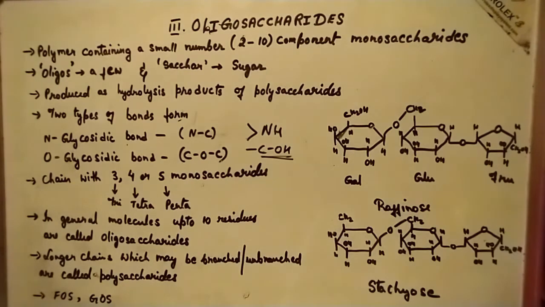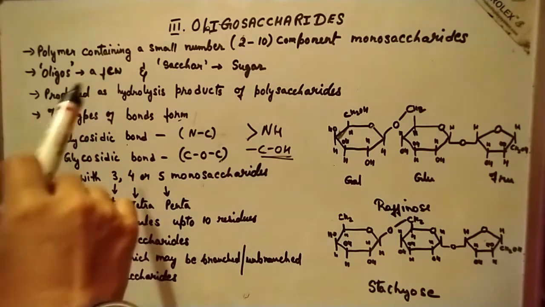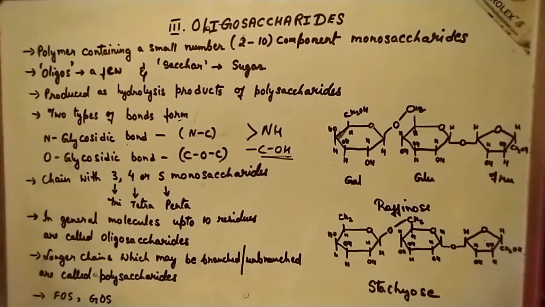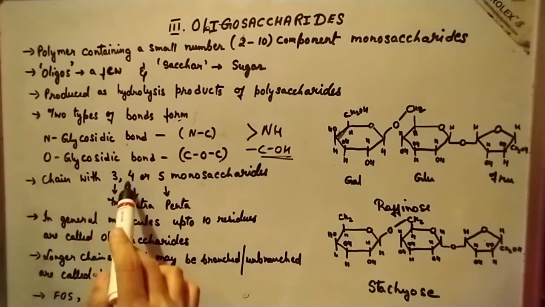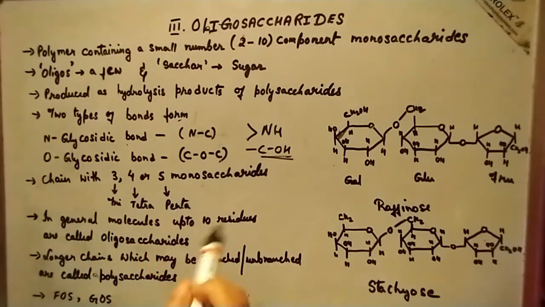Now, strictly speaking, disaccharides also come under this category of oligosaccharides, because on hydrolysis oligosaccharides yield around 2 to 10 monosaccharide units. Chains with 3, 4 or 5 monosaccharides are termed tri, tetra, penta and so on.